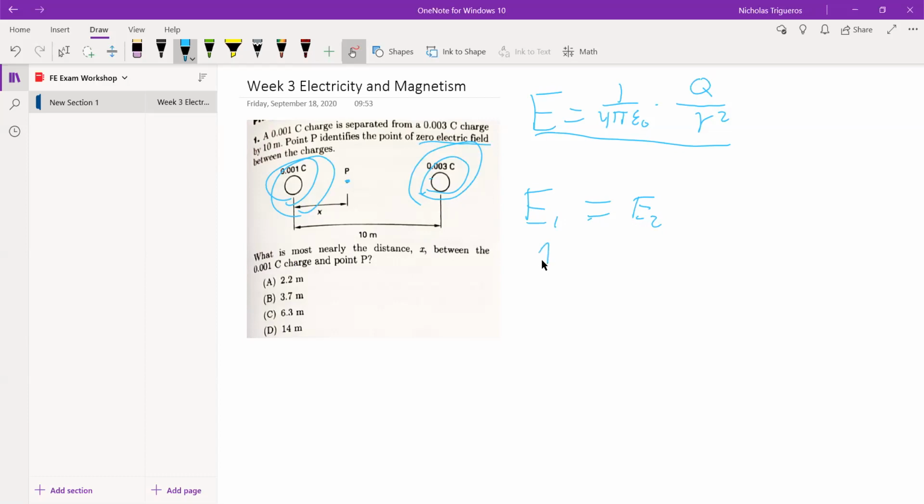I'm going to change this into K so we can write less. So we're going to have K Q over R squared. And what is this R squared?